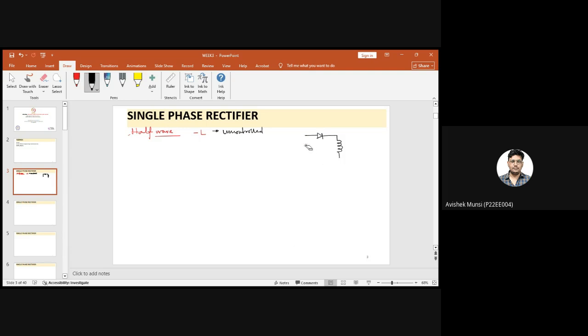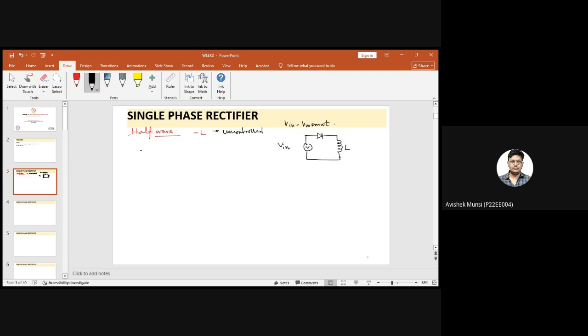So this is the structure. This is our input AC signal. This is the L load. This is my input, where Vin equals Vm sine omega t.